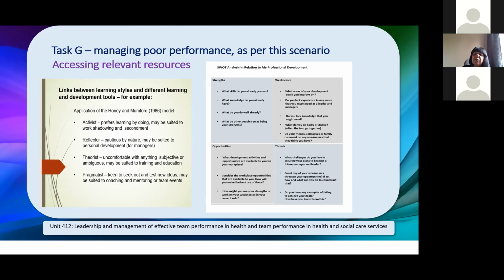So for example, if we start with strengths, what skills do you already possess? Well, an example is, I can remember someone might say, I have an ability to manage my time effectively. I'm able to meet deadlines. What knowledge do you already have? Well, a student might refer to the knowledge they've gained on the qualification. So they might understand what person-centered practice means in the setting where they work.